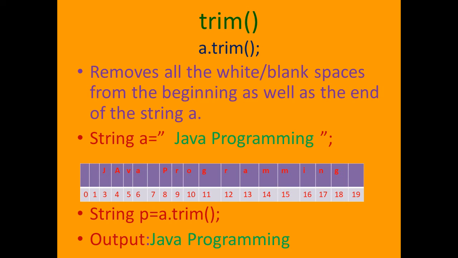First, we will write the value A as "  Java programming  ". In that string variable, the value is Java programming. In this example, we can see that the string contains Java programming with leading and trailing blanks.